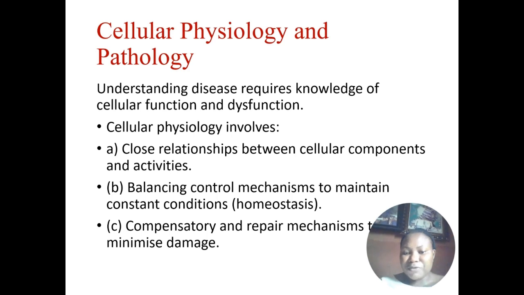Cellular physiology involves the close relationships between cellular components and activities, balancing control mechanisms to maintain constant conditions, and that is homeostasis, and also compensatory and repair mechanisms to minimize damage. So physiology involves these 3 things: relationship between cellular components and activities, balancing, which is homeostasis, then compensatory and repair mechanisms.